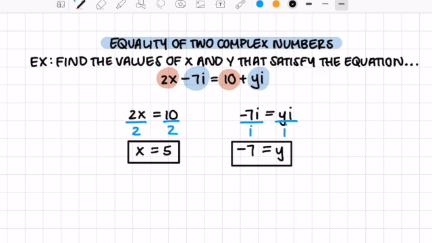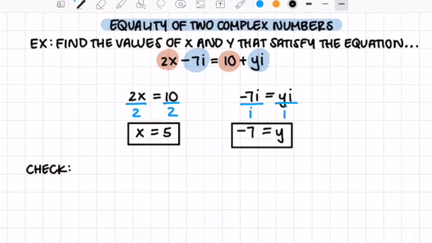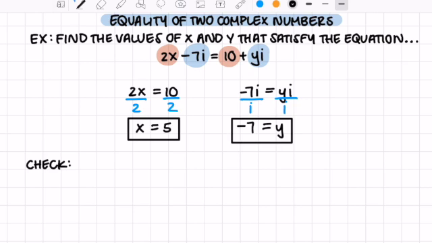And if you were to check it, you would notice that they are equal to each other. So let's say that you want to check your answer. Right here, we have 2x minus 7i equaling 10 plus yi.